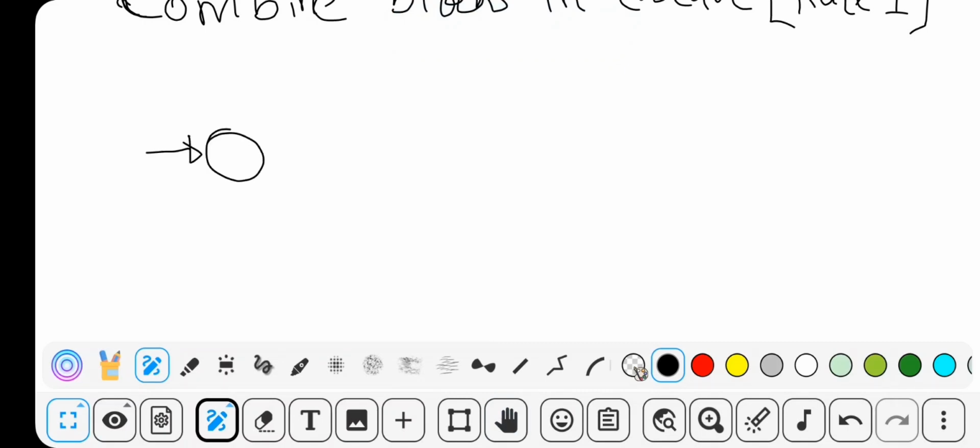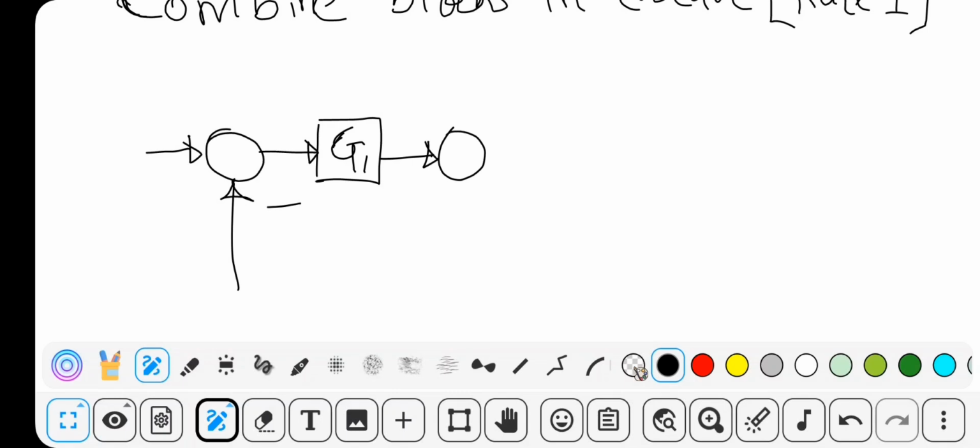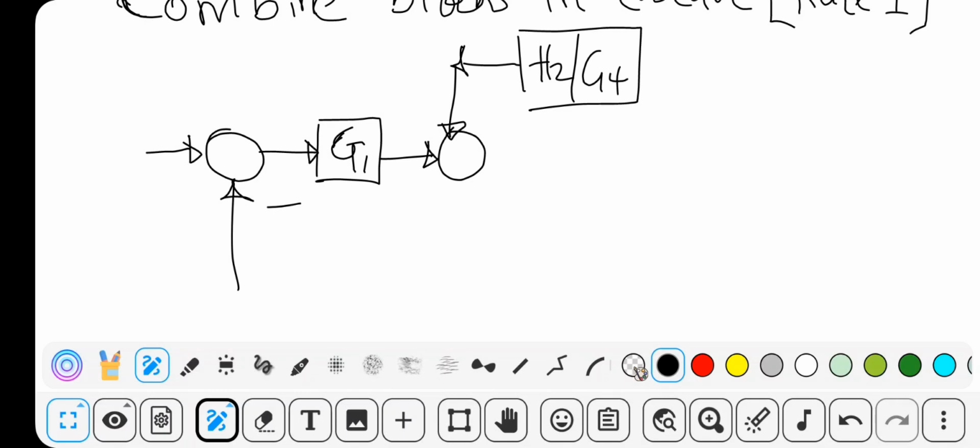If you follow rule 1, G1, then this should be H2 over G4.